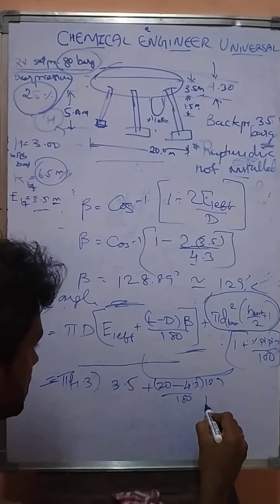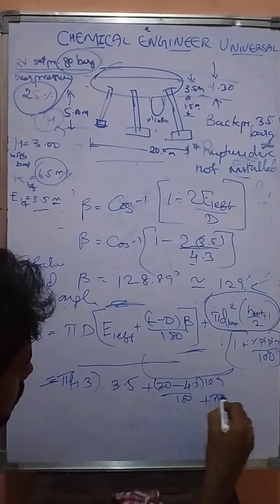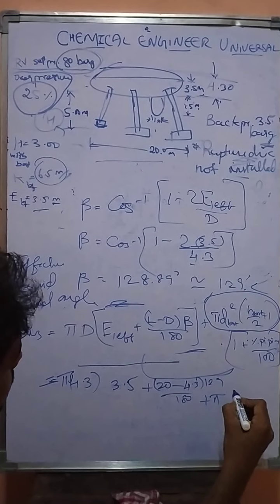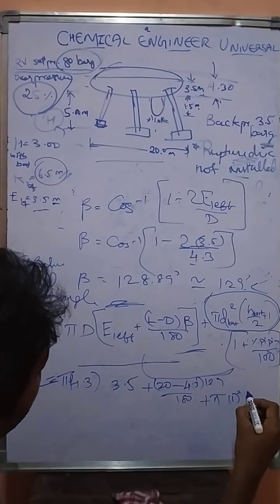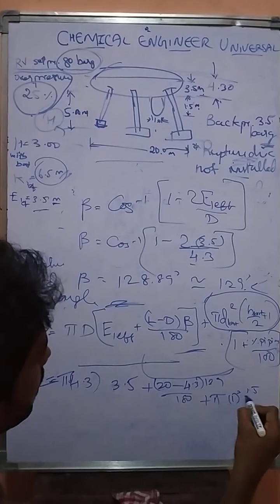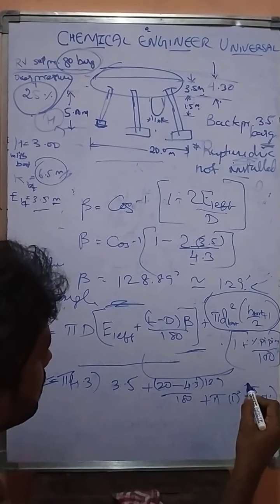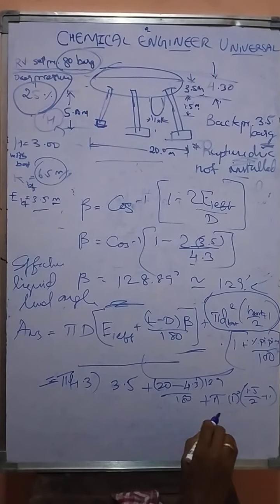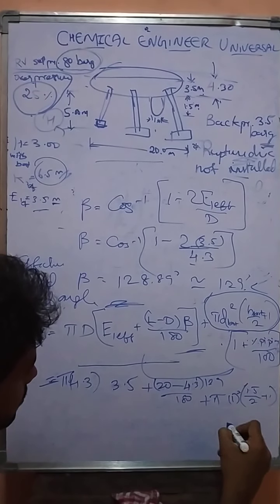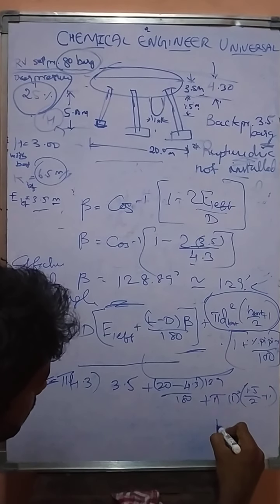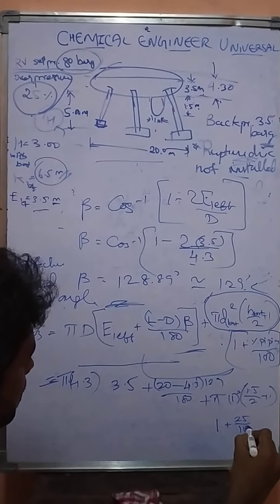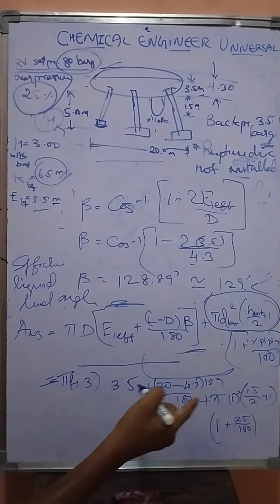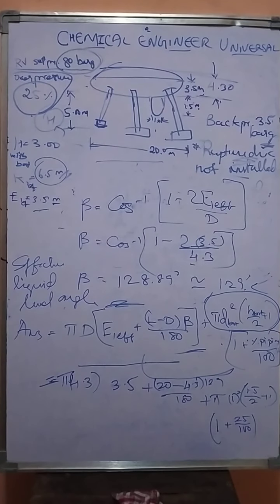Now plus pi value, and the dia of the boot will be 1 meter square, and H boot is 1.5 divided by 2 plus 1. The next thing is percentage of piping, multiplied with this one, so 1 plus percentage 25 divided by 100. The overall value I calculated already.